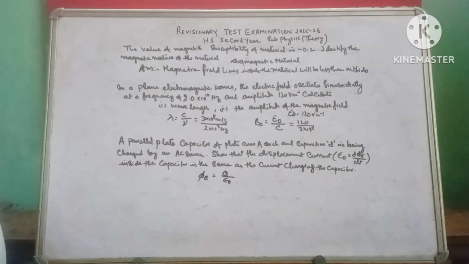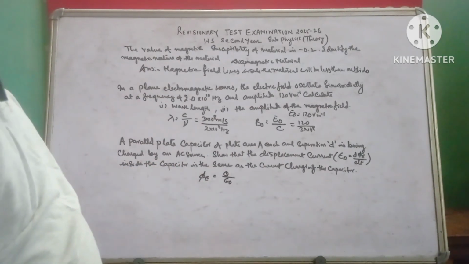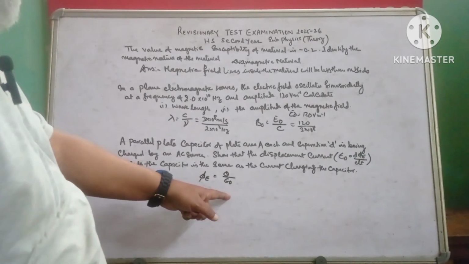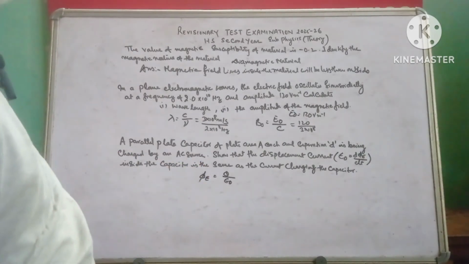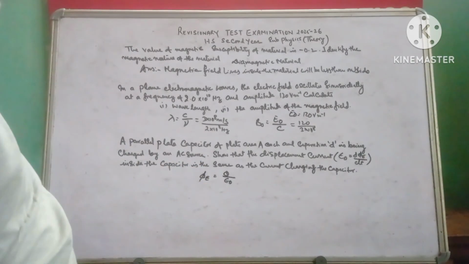You have studied in Gauss theorem that the flux inside a parallel plate capacitor is sigma by epsilon naught. So here Q is your charge by epsilon naught.